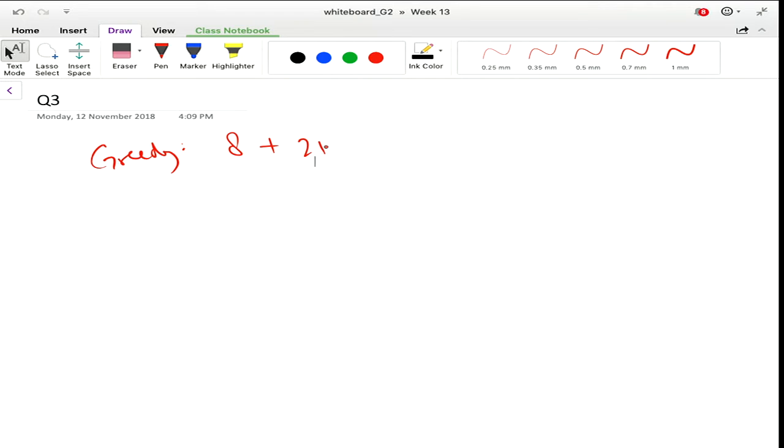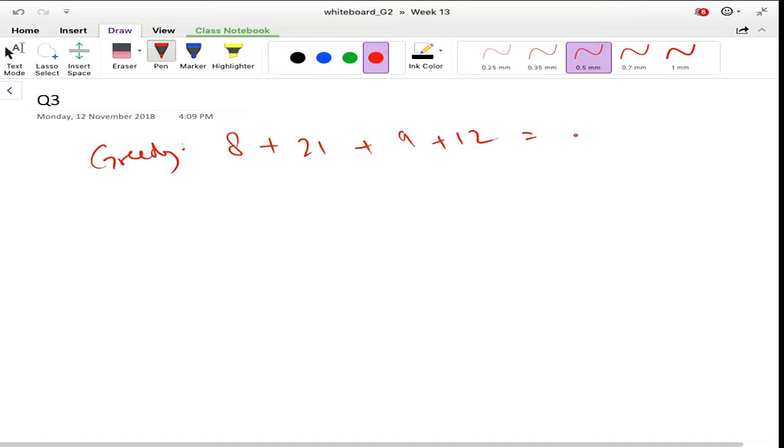Then 9, between 11 and 12, is going to choose 12. So essentially we have 8, 21, 9 and 12. This is going to be the path that is discovered by greedy. In total sum, this will be, okay, this is 30, 21, 42, 50, okay? So here, greedy is going to discover 50.